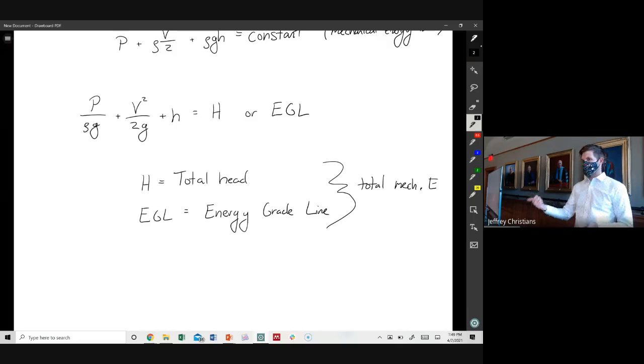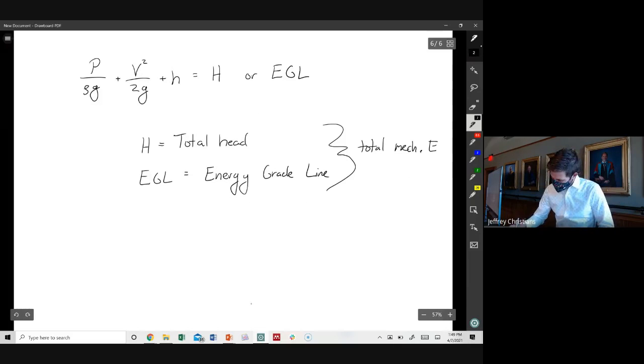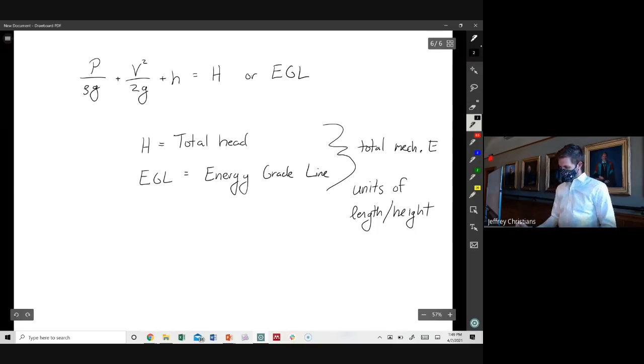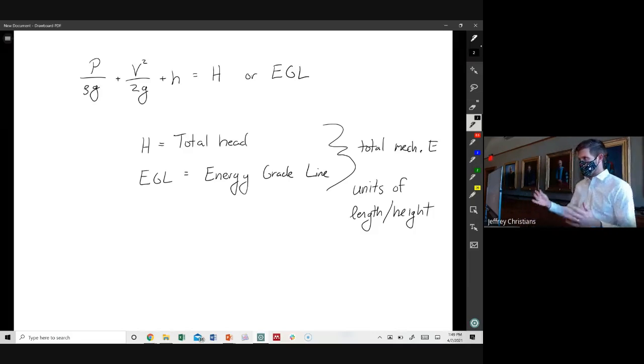That's talked about as either the head or the EGL. Both of these have units of length, or height, like feet or meters. So you can talk about the total mechanical energy, like 50 feet, or the total head, 450 feet.